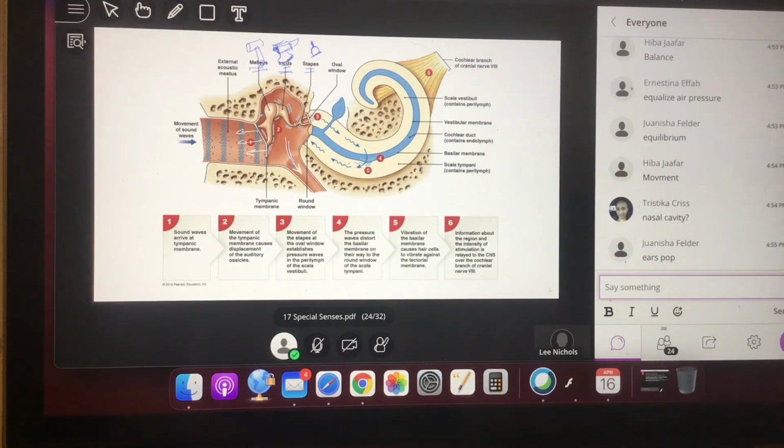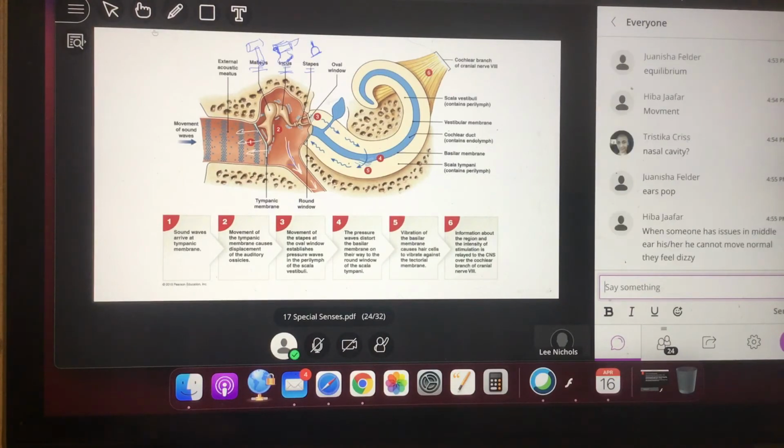But if you yawn, pharynx down here in the back of your nasal cavities, by yawning or swallowing, you open up this tube, which is normally partially collapsed, but you open this up and you allow the air pressure to equalize on both sides, and that lets the tympanic membrane pop back into its middle position so it can vibrate normally.